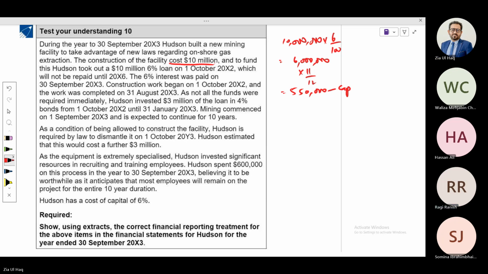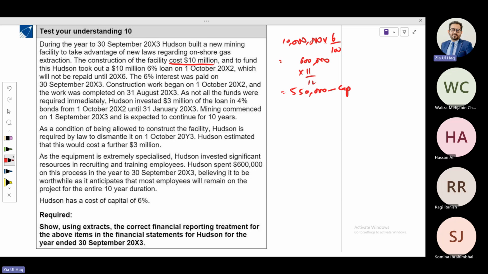Is that fine? 6% of 10 million is 600,000, sorry. So 550,000 should be capitalized. Is that fine? Okay.